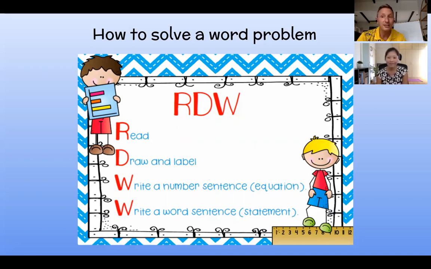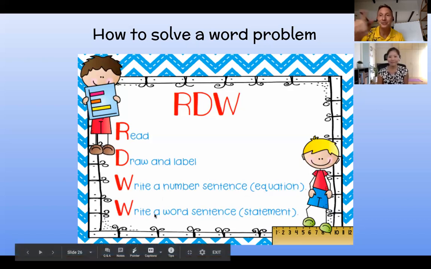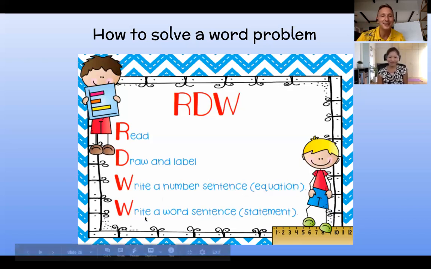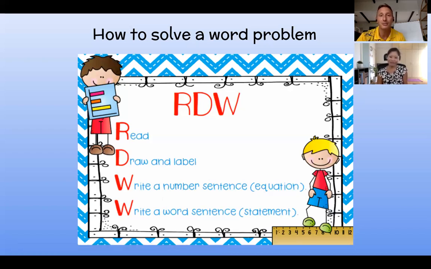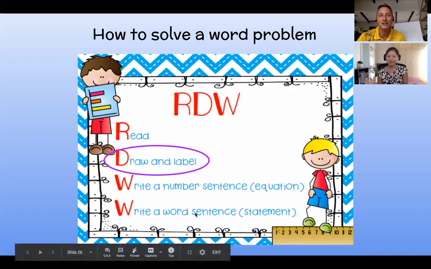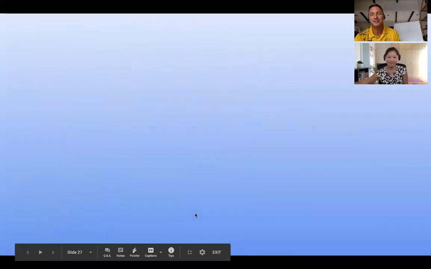And then you're going to draw and you're going to label your story problem. That will help you with an equation, okay? And then we're going to write your number sentence, write your equation, and then we have that unit. That's what we're going to be labeling at the end, is writing a word sentence, a statement with your answer. All right, so make sure we're following that RDW with the W at the end. Yes, there's our draw and label that we're going to pay attention to.